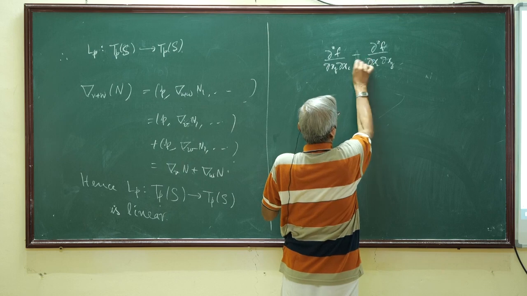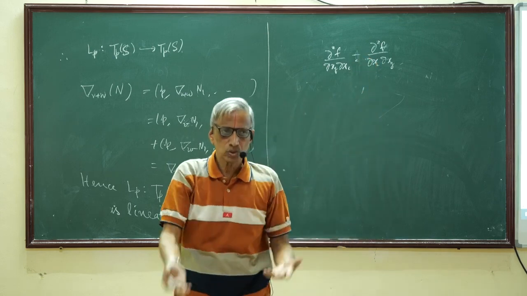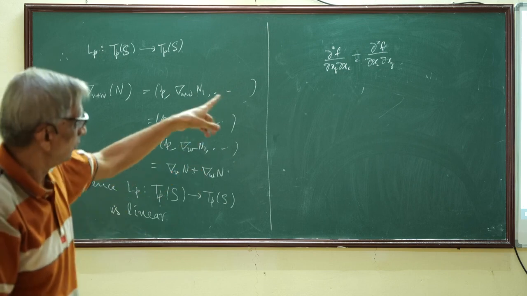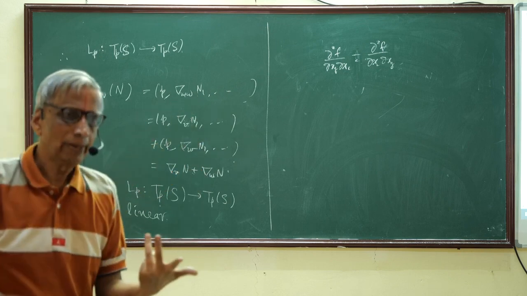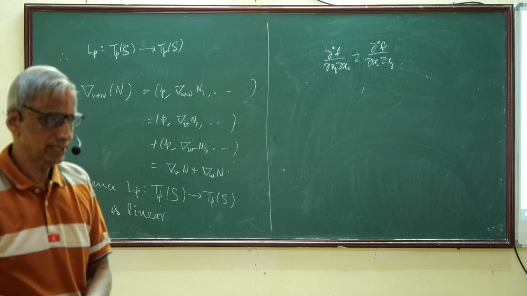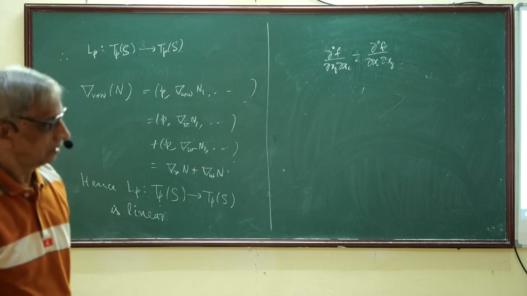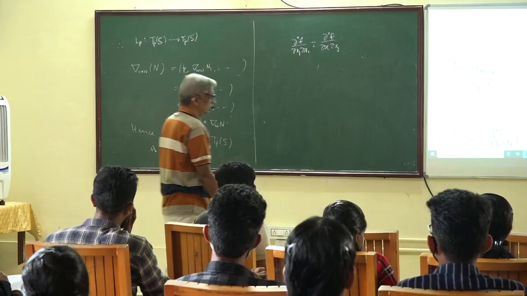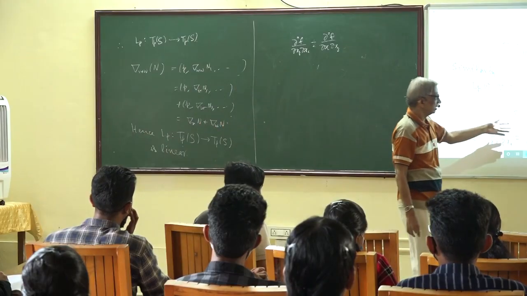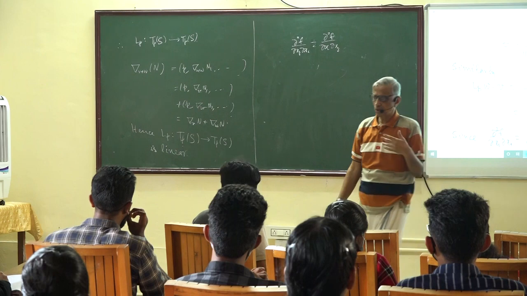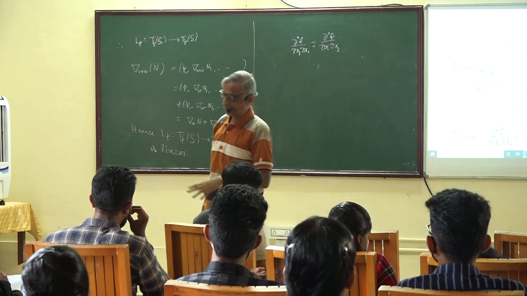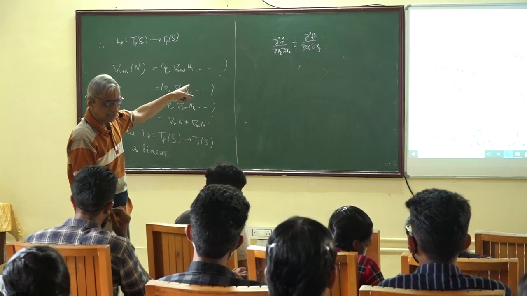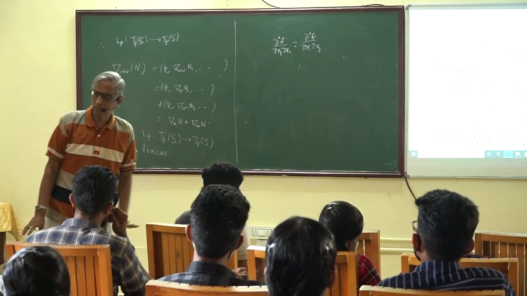Now for us, all functions that we are looking at are smooth functions, C infinity functions. So there is no problem about the equality of the mixed partial derivatives, right? The order in which you differentiate does not matter. So essentially, the self-adjointness of the Weingarten operator is a consequence of the fact that the mixed partial derivatives are equal.